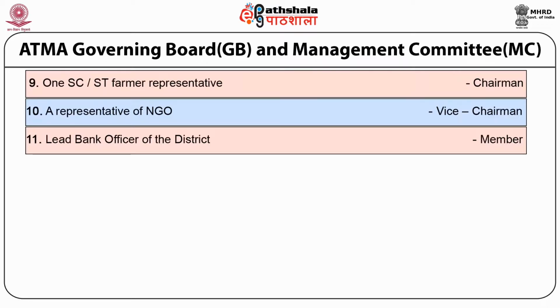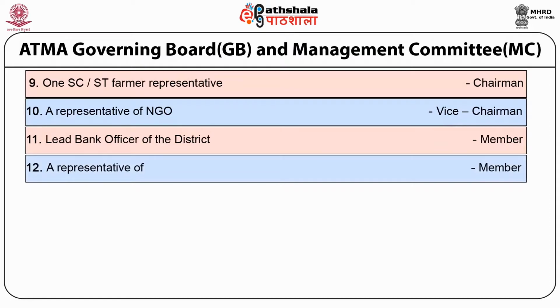For example, any financial assistance given by the government, whether it is crop insurance, assistance given to the people, or subsidies, all these things are routed through the lead bank. That is why one representative of the lead bank, the financial institution, is a member of ATMA.